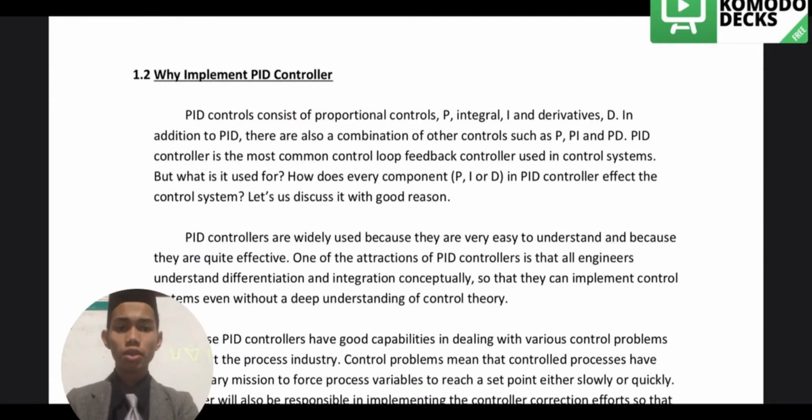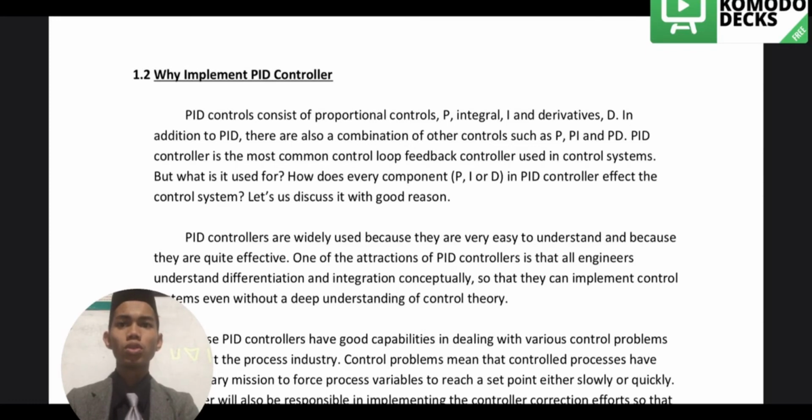My metric number is AA191939. So today I'm going to present about why implement the PID controller. PID control consists of proportional control P, integral I, and derivative D. In addition to PID, there are also combinations of other controls such as P, PI, and PD.